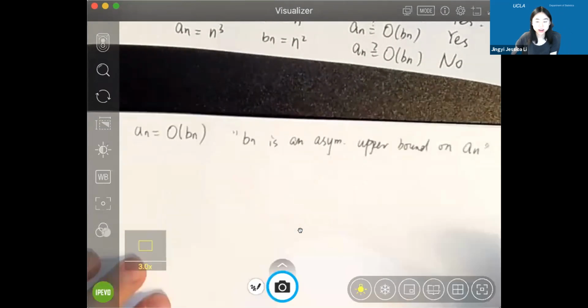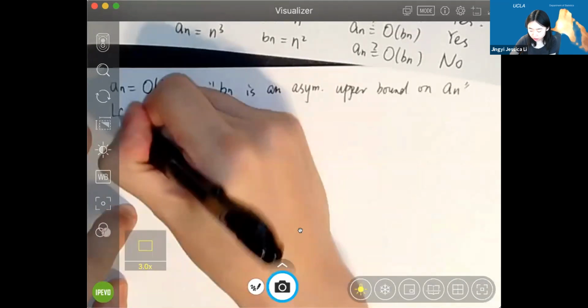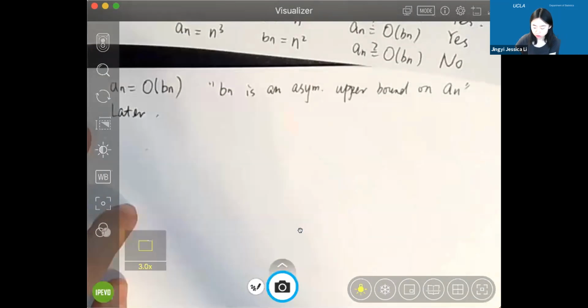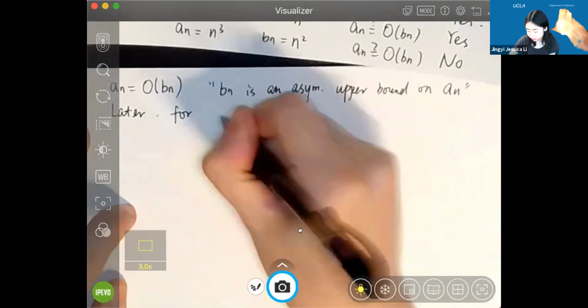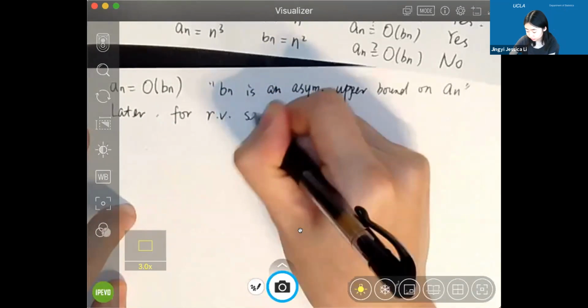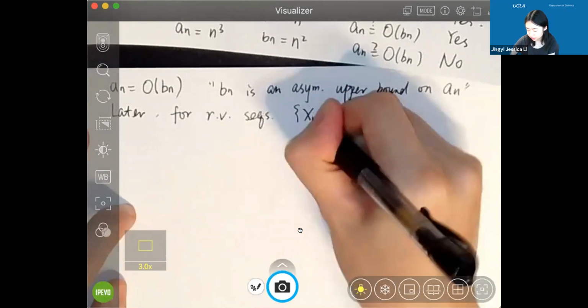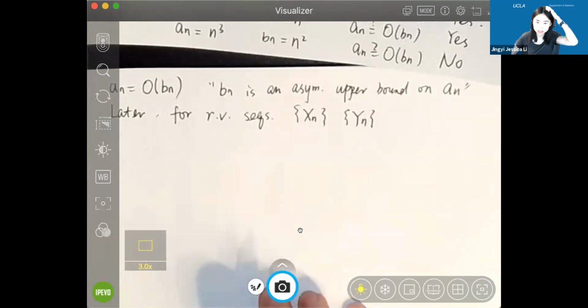And then later, so we're now at fixed sequences, right? So later, when we go from an to Xn, when we talk about random variable sequences, so let's say Xn and Yn, so no longer constant sequences, then we will change everything from small o to small op, big O to big Op.